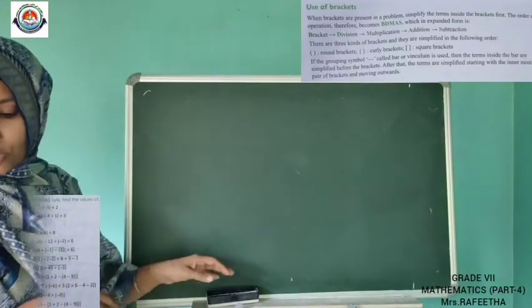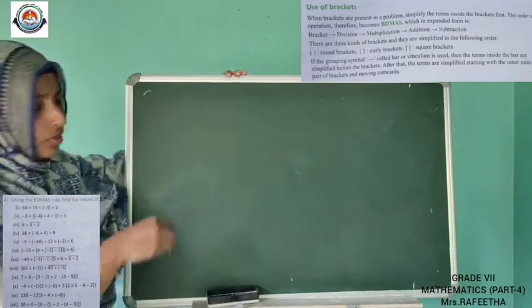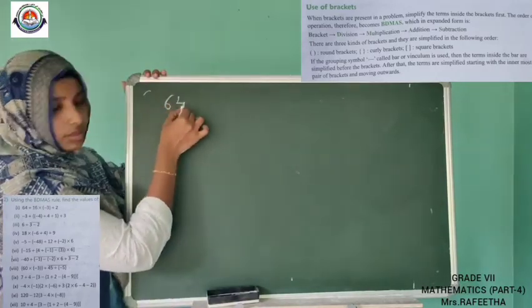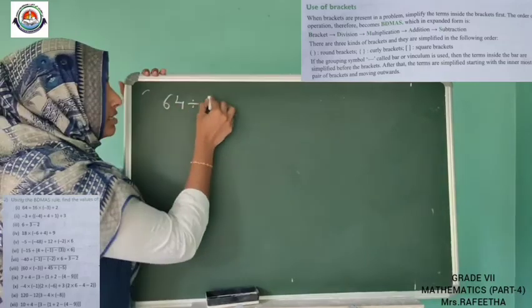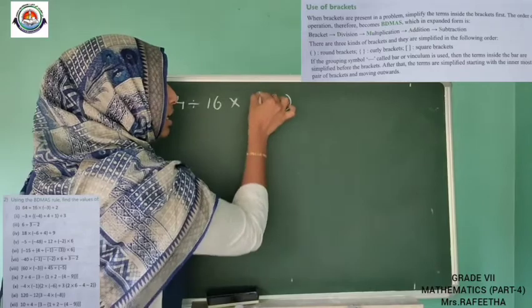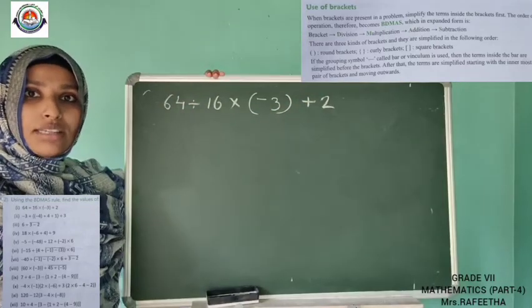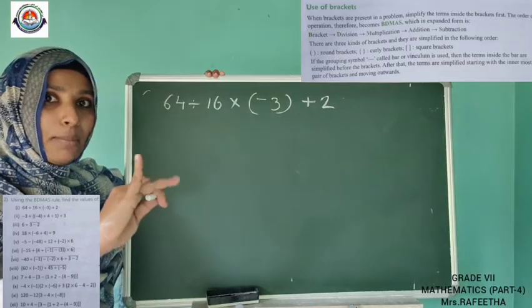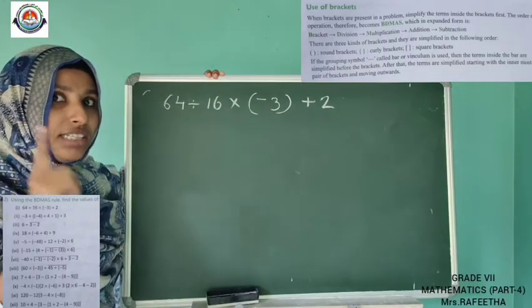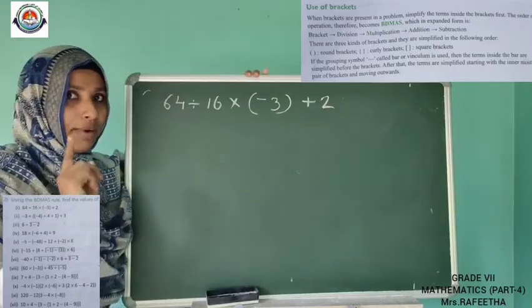Using the BDMAS rule, find the value of; first question we can do: 64 divided by 16 into minus 3 plus 2. Here, BDMAS, we said bar, bracket, division, multiplication, addition and subtraction. So here, is bar there? No. Is bracket there?